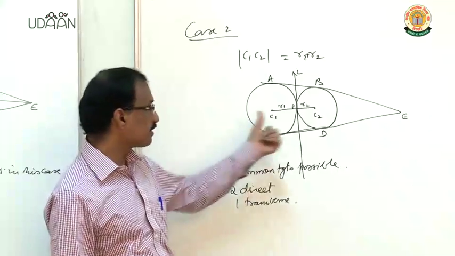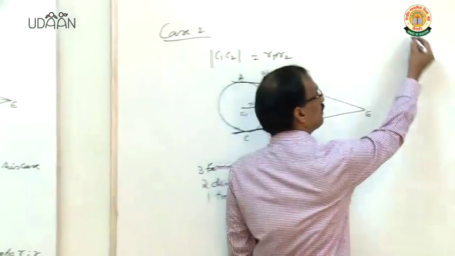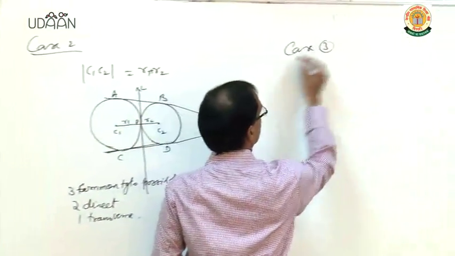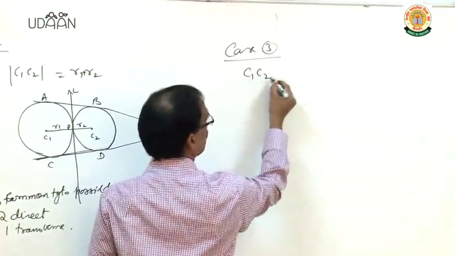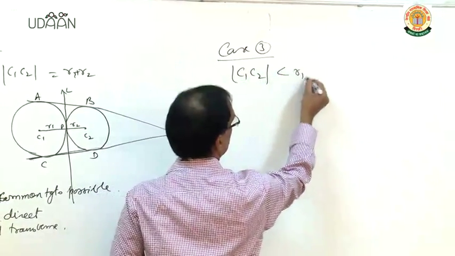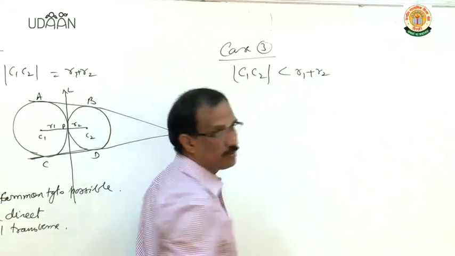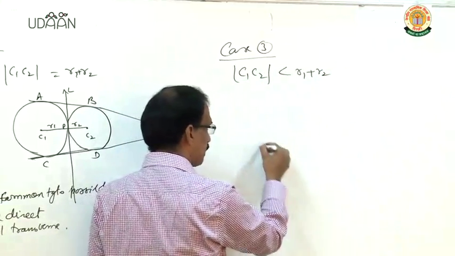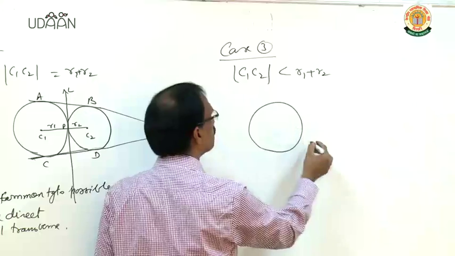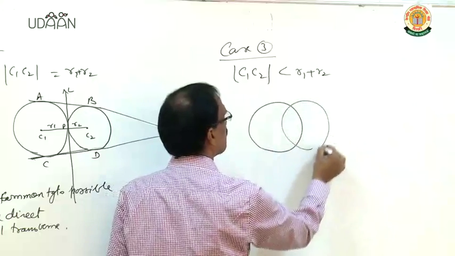Case 3. If C1C2 is less than R1 plus R2, then the circles will intersect.